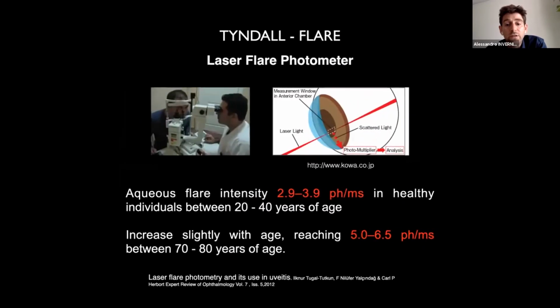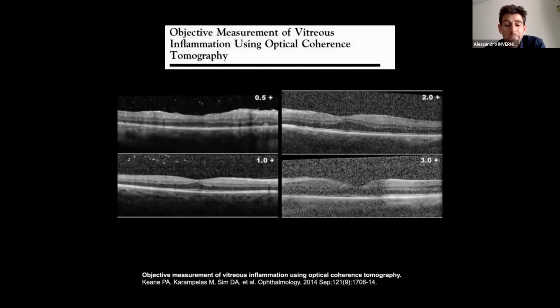What about the flare? Well, we know that flare is usually assessed with laser flare photometry, and Marion will speak about this after me, so I'm not going into details. But the question is, can we measure flare on OCT? In 2014, Piers Keane and Alastair Denniston described a technique to grade the vitreous.